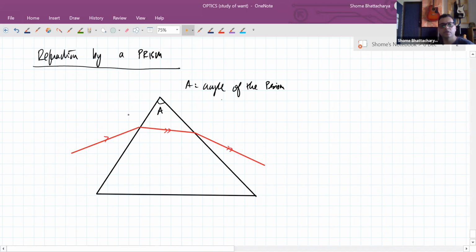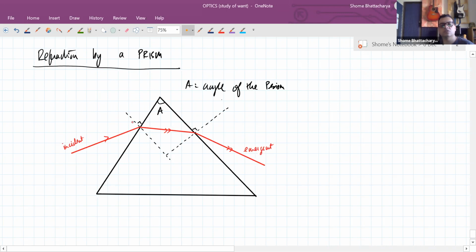So in the general notation, this is the normal here, and suppose we drop another normal here. These are the two normals. Now in the general notation, this is called the incident ray, and this is called the emergent ray.